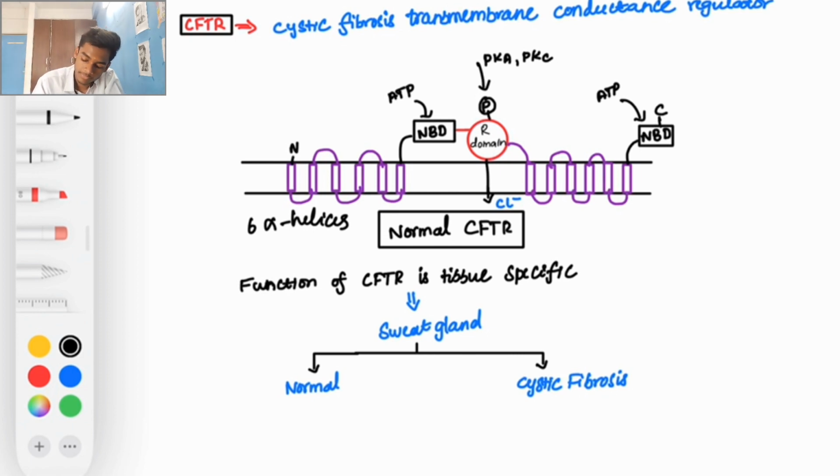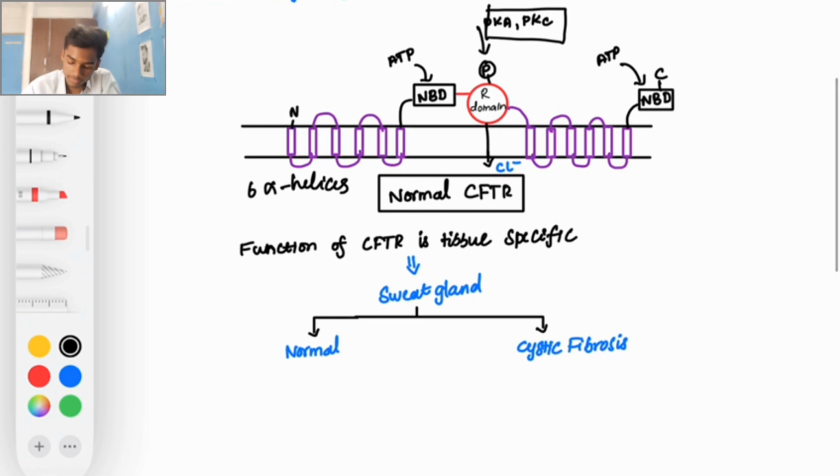When ATP binds to this nucleotide binding domain and hydrolysis takes place, there is opening of this CFTR protein, and it is enhanced by phosphorylation of this R domain. It is done by protein kinase A and protein kinase C. They will phosphorylate this R domain and it will enhance the conductance of the chloride ion.